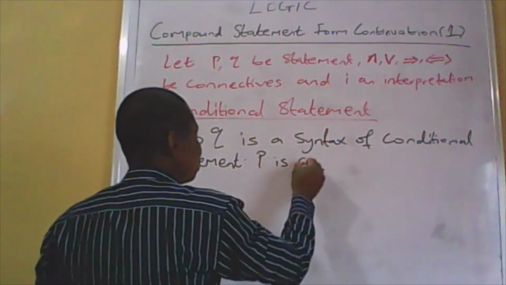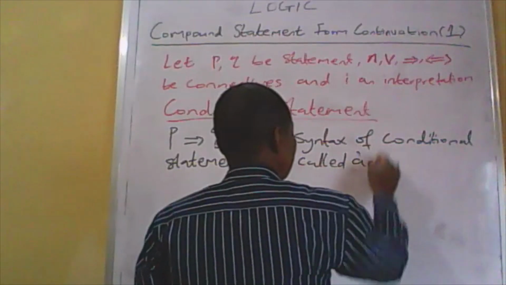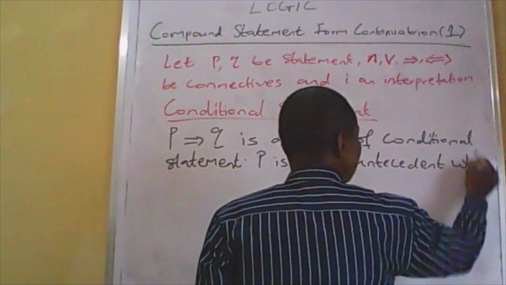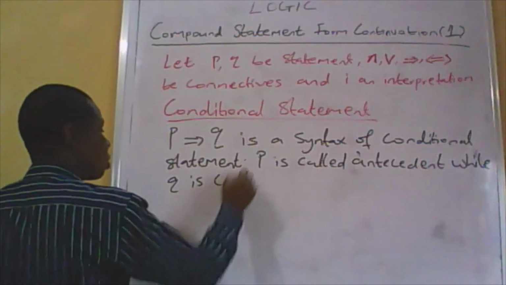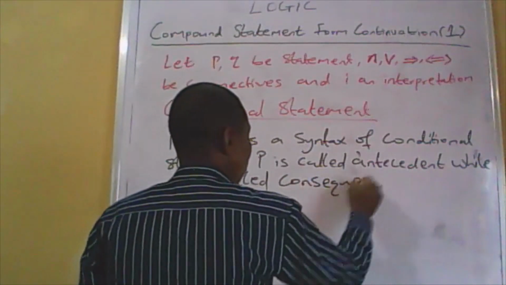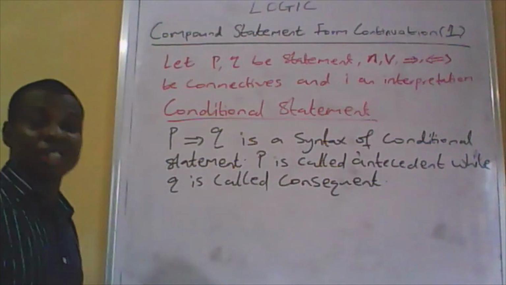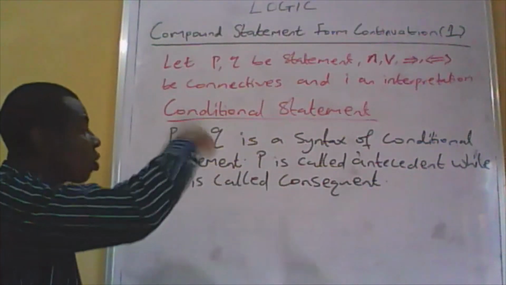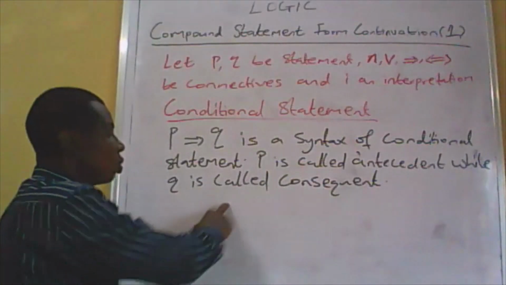P is called antecedent because it is the cause, and Q is consequent because Q is the effect of the causative P. That's why P is called antecedent, while Q is called consequent.